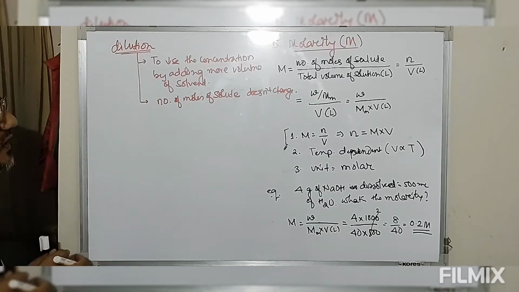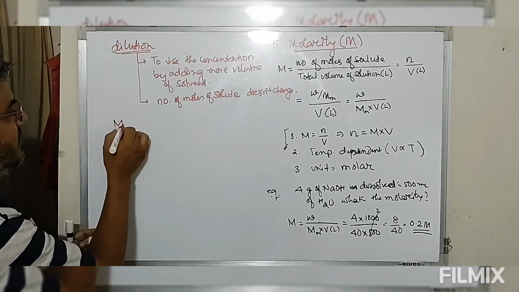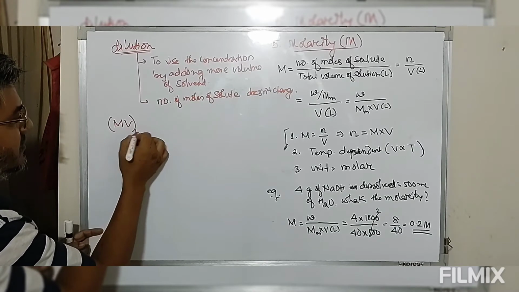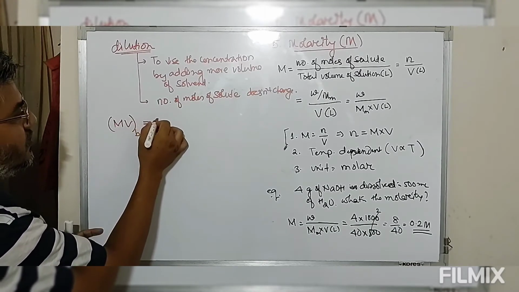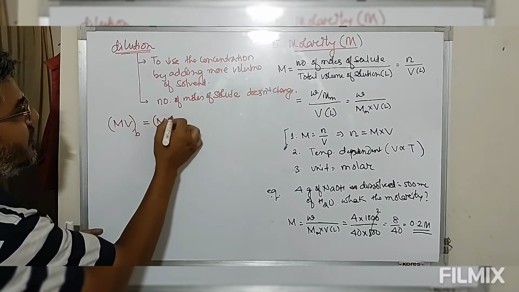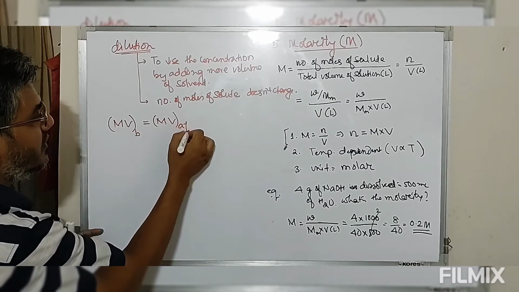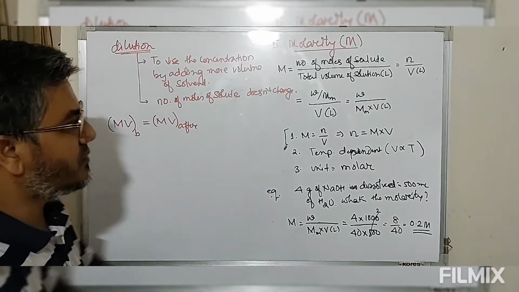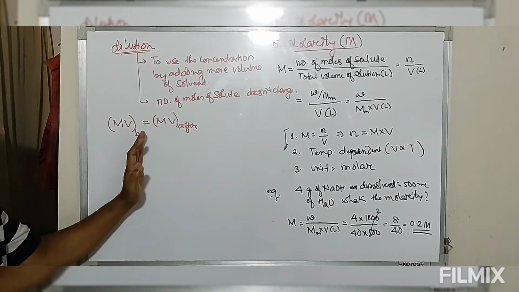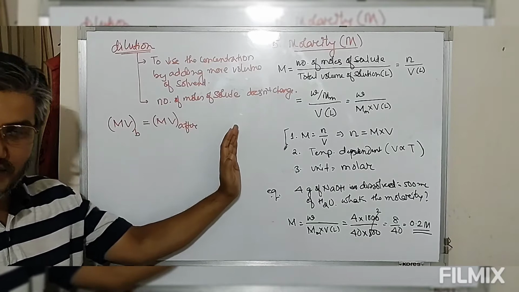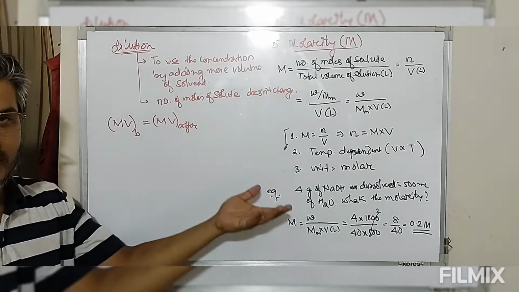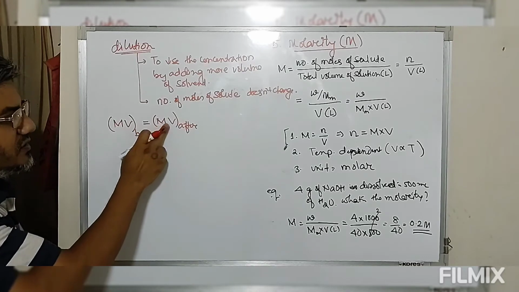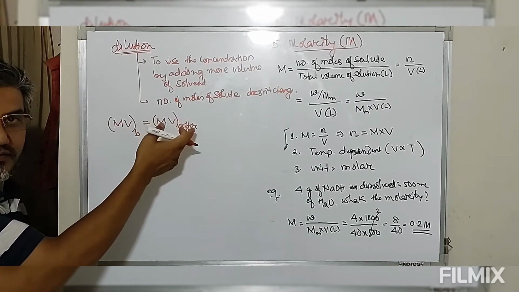So therefore, for this type of dilution process, molarity into volume before dilution is equal to molarity into volume after, because molarity into volume is defined as number of moles. Therefore the number of moles of solute before dilution and after dilution remains constant because only the concentration changes. This is the molarity after dilution, this is the total volume after.